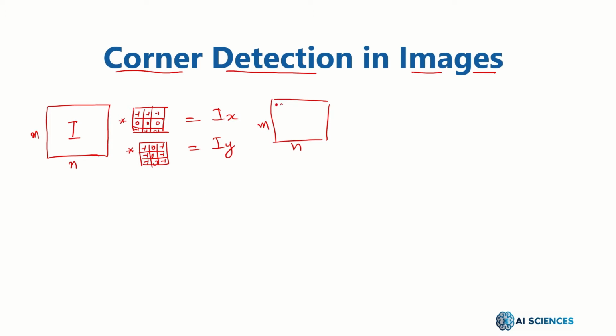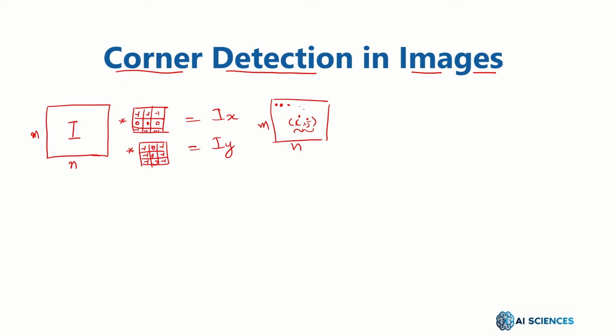So let me consider a pixel i, j. Remember, we have to do this for every pixel because every pixel may be a candidate corner pixel, and the following is the computation for one pixel.